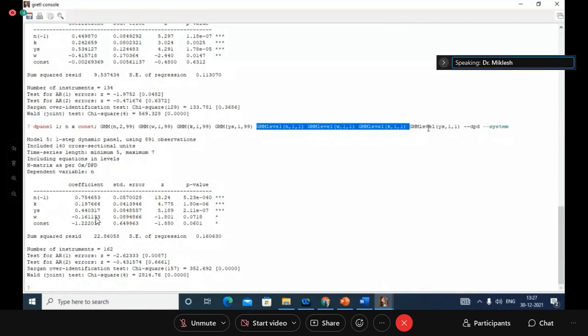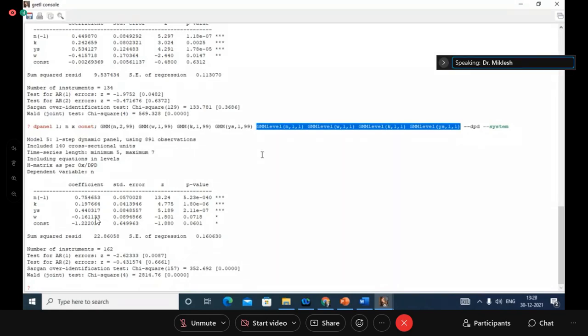What are these? Look, basically in system GMM, try to understand like this. In difference GMM there is only one equation, but in system GMM there are two equations, the equation of difference as well as the level.